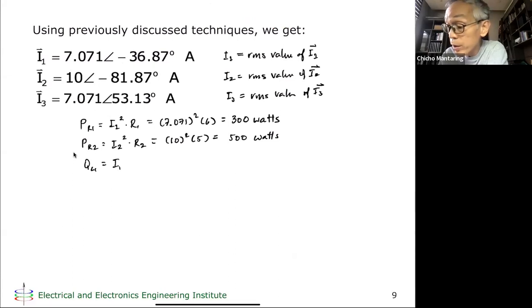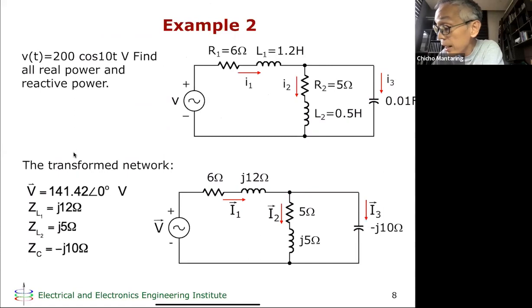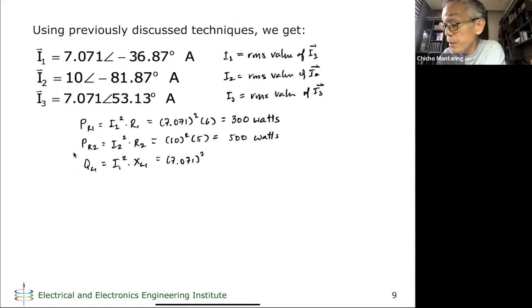That's I1 squared times XL1. So that's 7.071 squared. XL1 is 12, multiplied by 12. And that will give me 600 VARs.